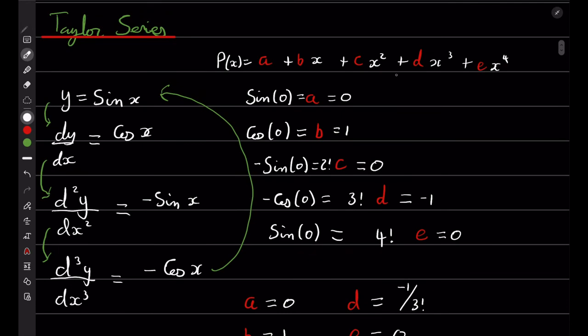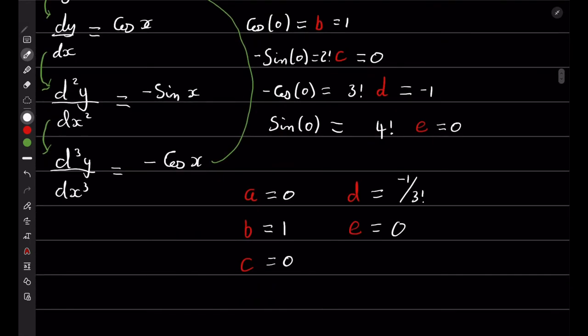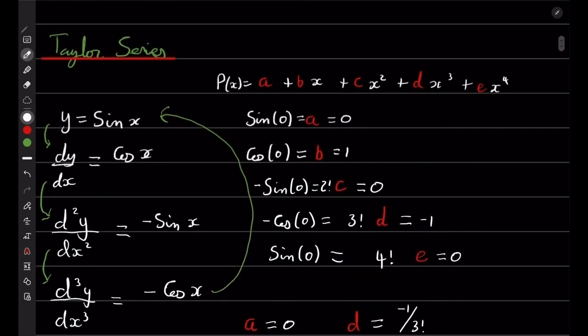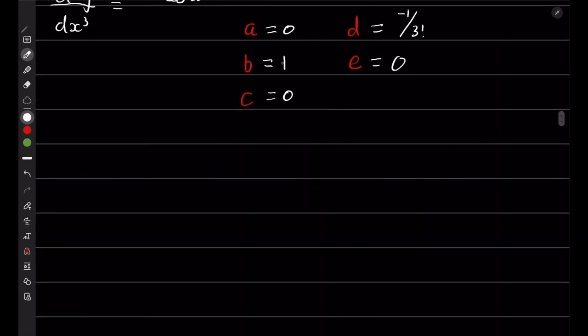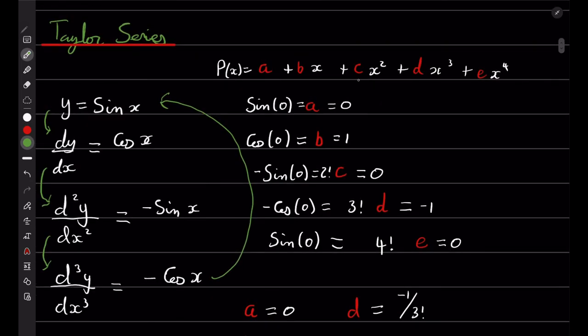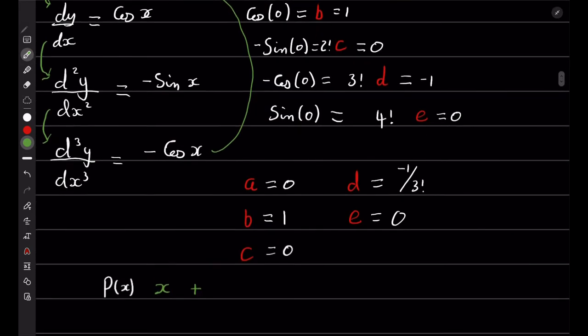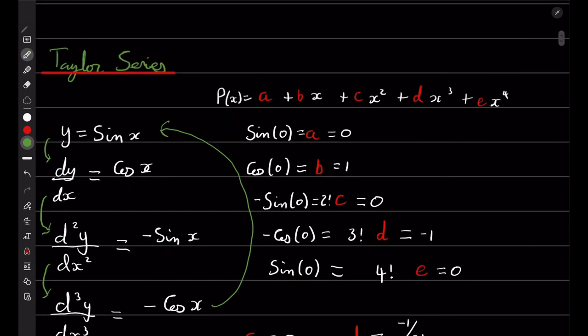Now let's just form back our polynomial quickly. Remember a is 0, so it's going to be 0 plus bx, and since b is 1, it's just going to be x. So the polynomial, let me write this in green, is x plus c, which is 0, and then d is -1 over 3 factorial.